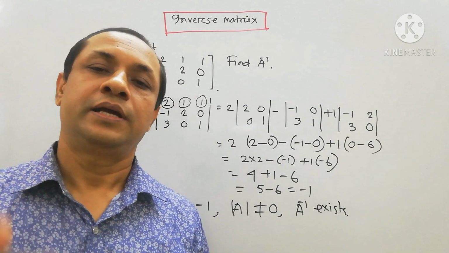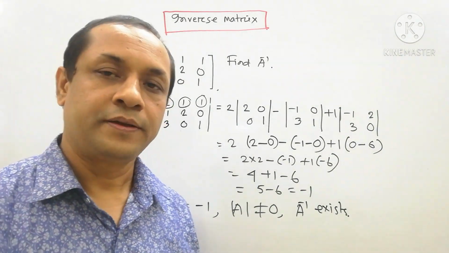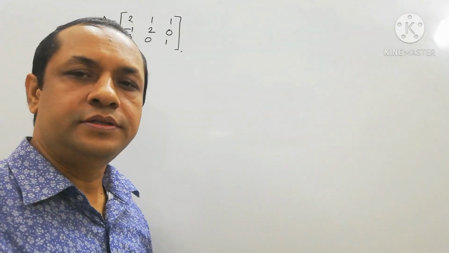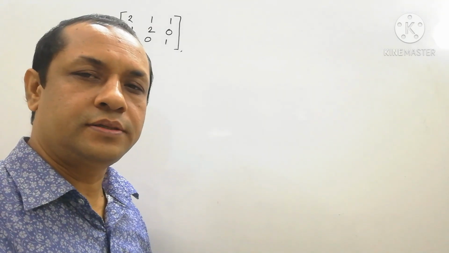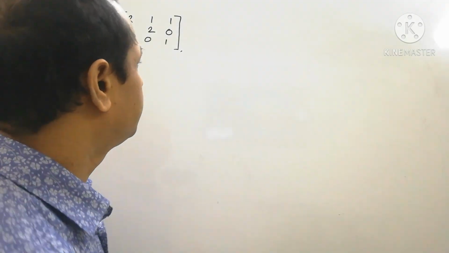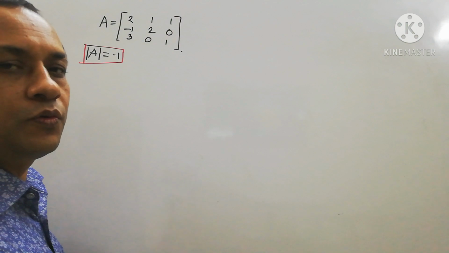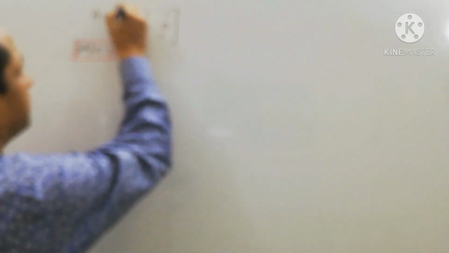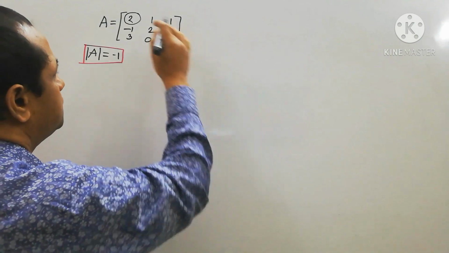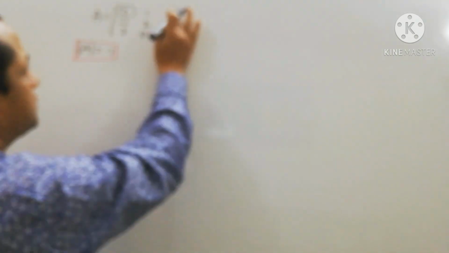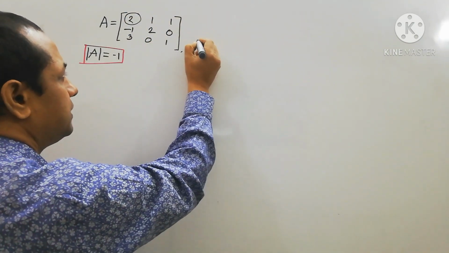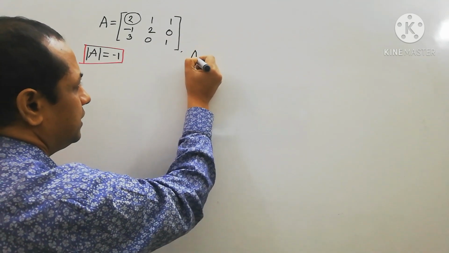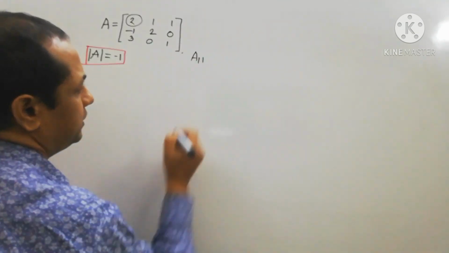Then find the adjoint of A. So students, let's find the adjoint matrix. Look at the board. First, find the cofactor of every entry. Now students, the position of the first entry is first row and first column, denoted by A11.